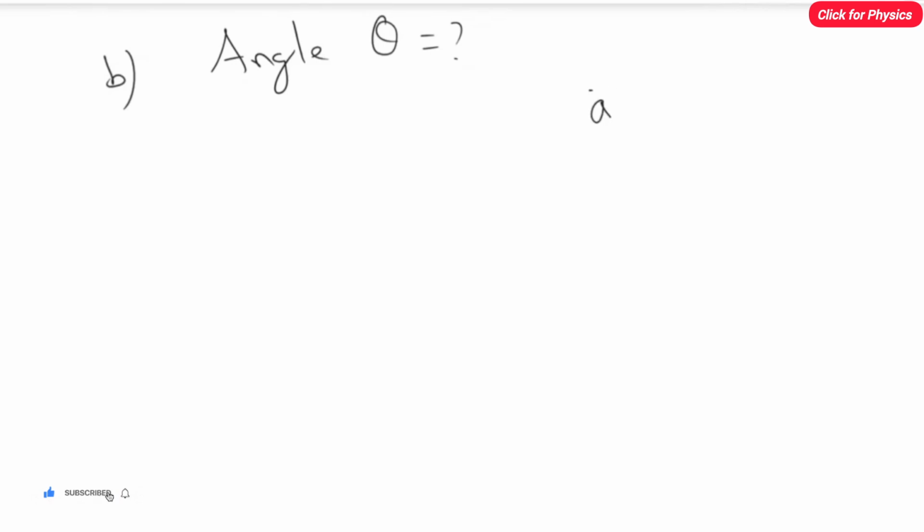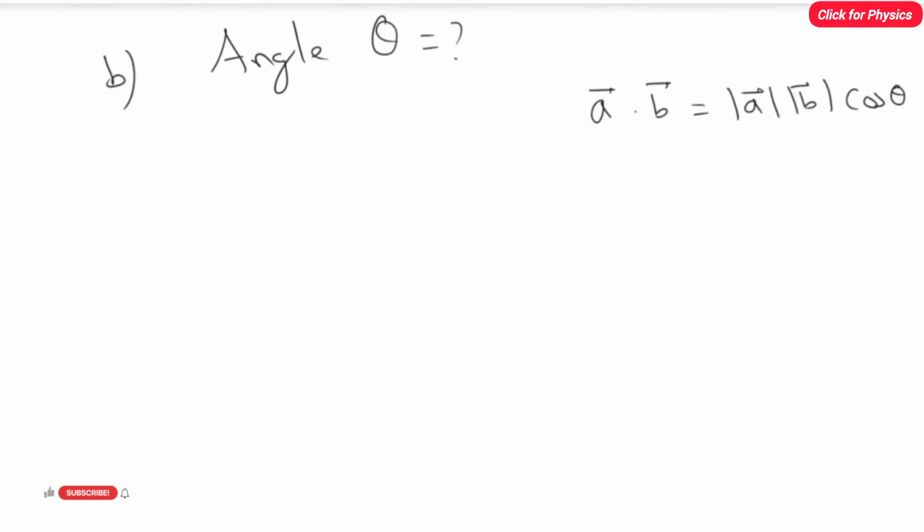We studied the rule: A vector dot B vector is equal to magnitude of A vector times magnitude of B vector multiplied by cosine of theta. If you have any question regarding finding the angle between two vectors, you have to find the angle only by using the dot product.